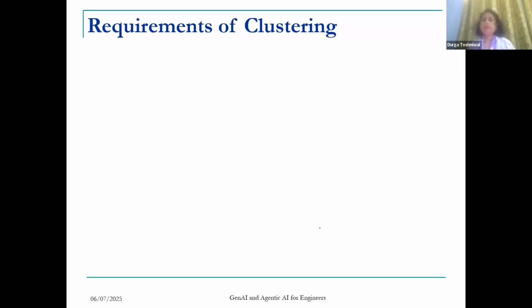Let's say that if you were to perform clustering, what do you expect your clustering algorithm to satisfy, or what kind of requirements should you have in any clustering method that you're going to follow?